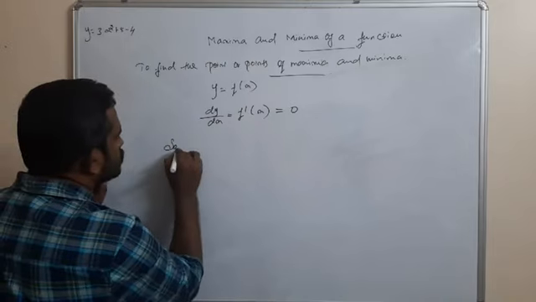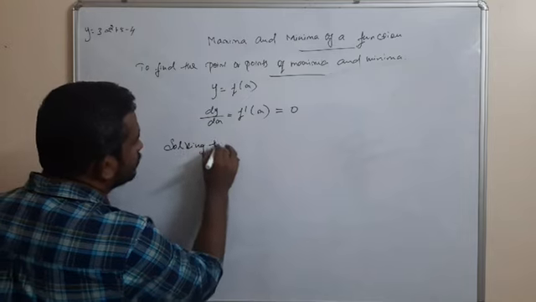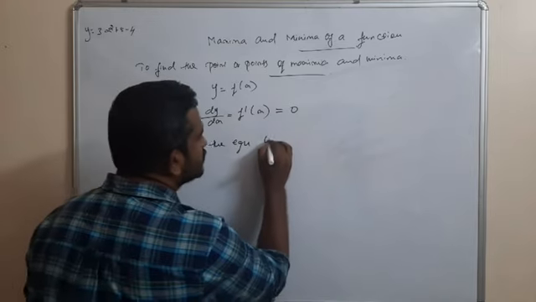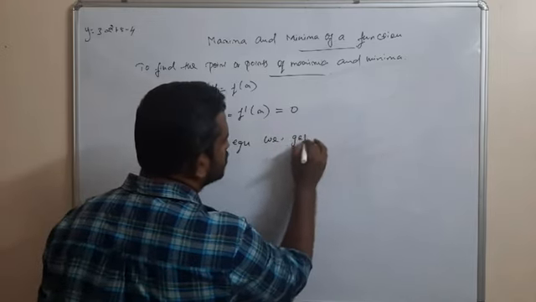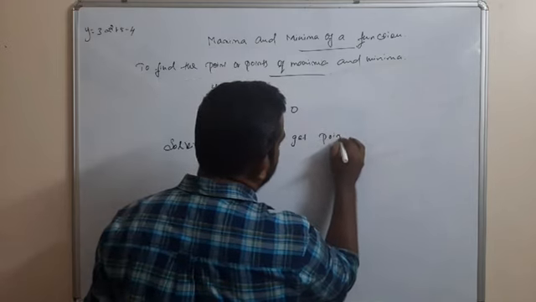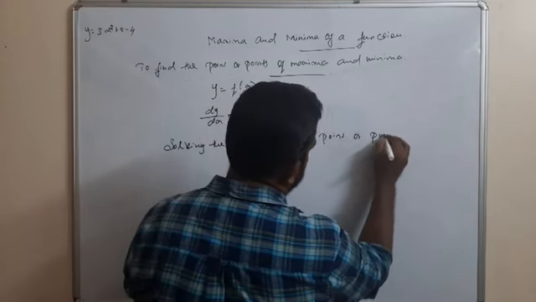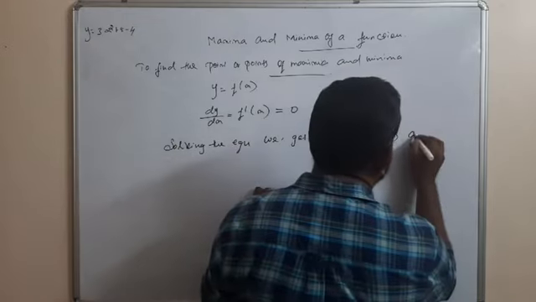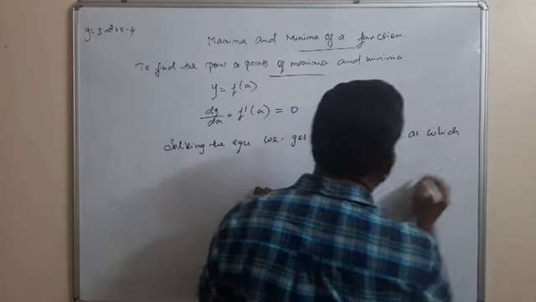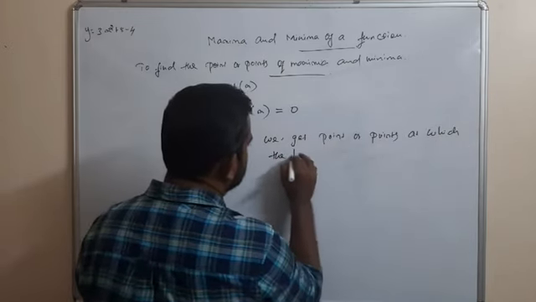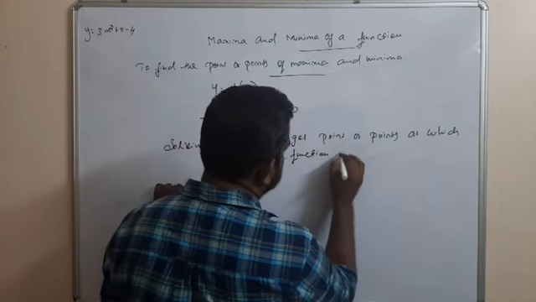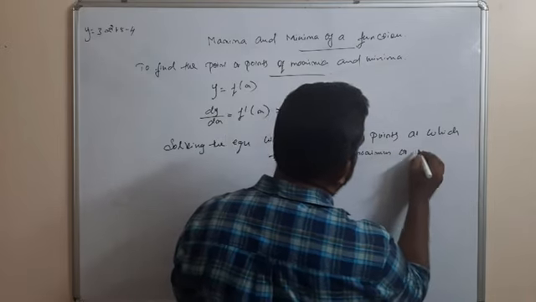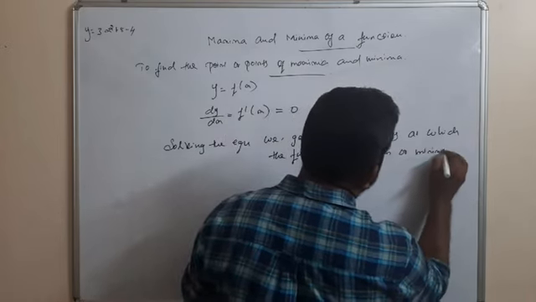Solving the equation, we get the point or points at which the function is maximum or minimum.